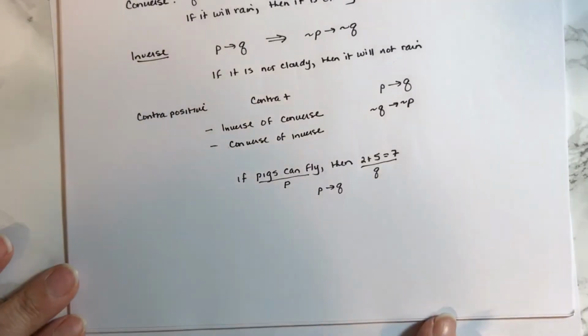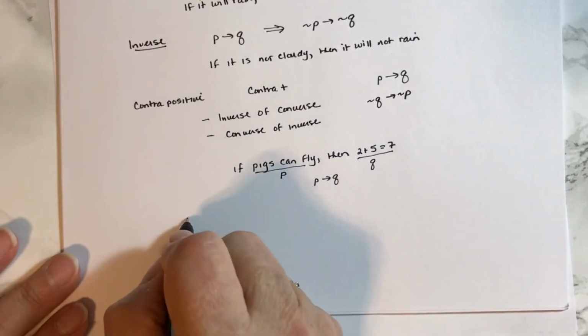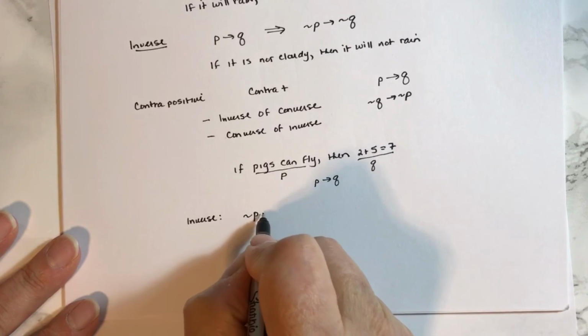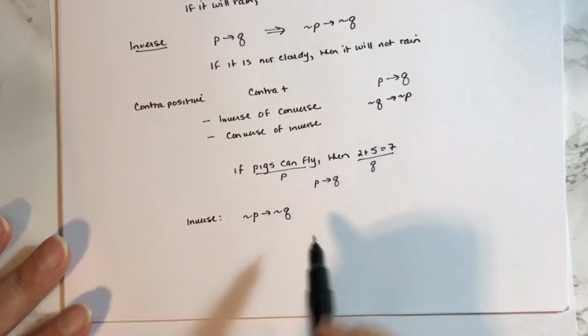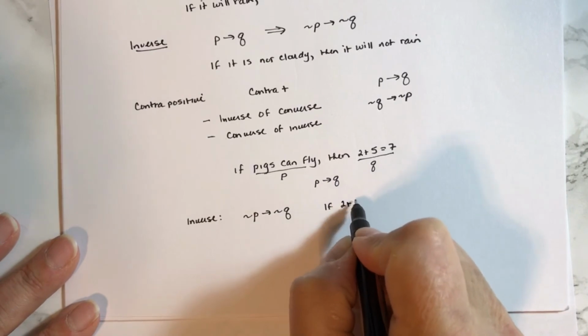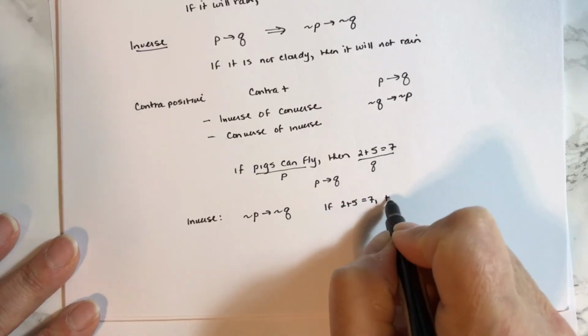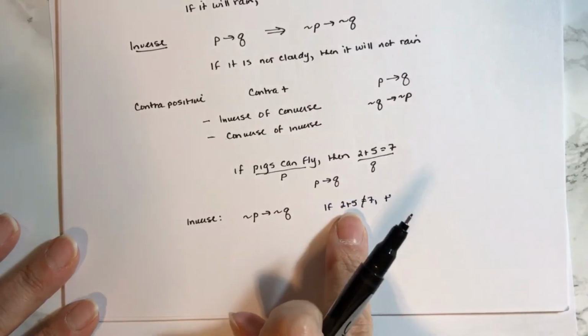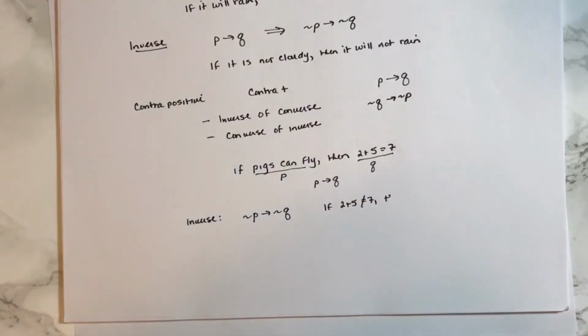Well, what if I asked you to write the inverse? Well, we know the inverse is tilde P goes to tilde Q. How would we write that in words? If 2 plus 5 equals 7, if 2 plus 5 does not equal 7, sorry.